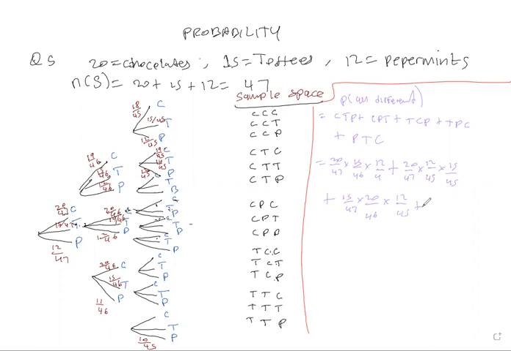Then you go to the next. 15 over 47 times 12 over 46 times 20 over 45, then plus 12 over 47 times 20 over 46 times 15 over 45.